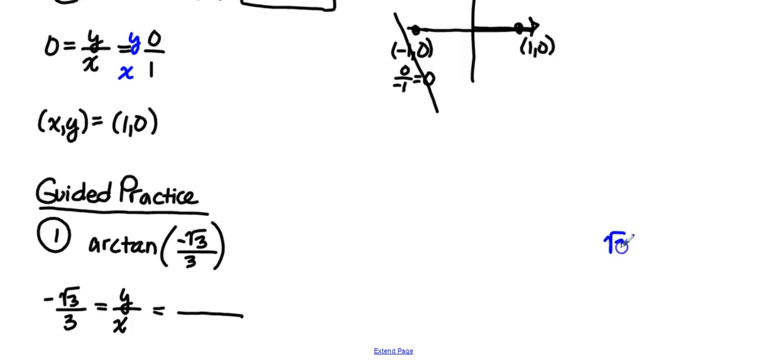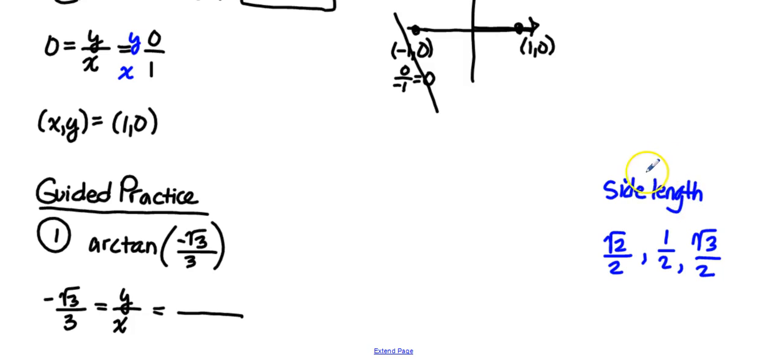Remembering that technically the 3 side length possibilities are one of these 3. Press pause and see if you can figure it out. When you press play, we'll see if we match.